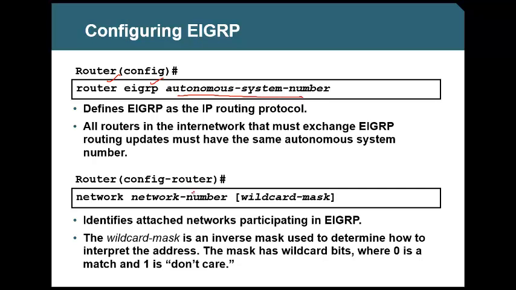Now, the autonomous system number must match with the neighbor. Also the K values should match.